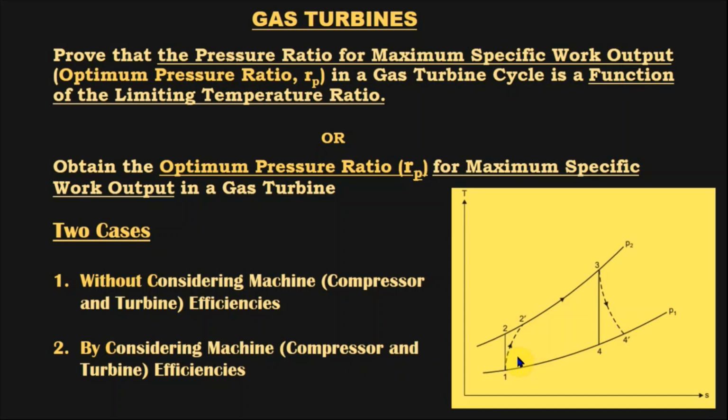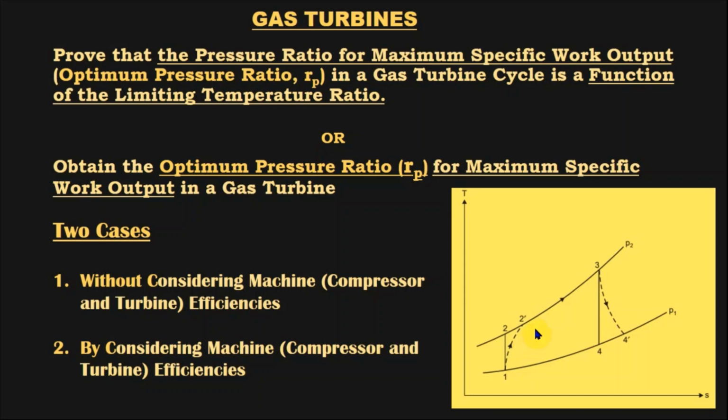And we know that in the TS plot, the Brayton cycle, the ideal one, is represented by 1, 2, 3, 4, 1. That is a closed cycle, ideal gas turbine cycle. We are familiar with the processes involved. Even we derived the expression for its air standard efficiency.